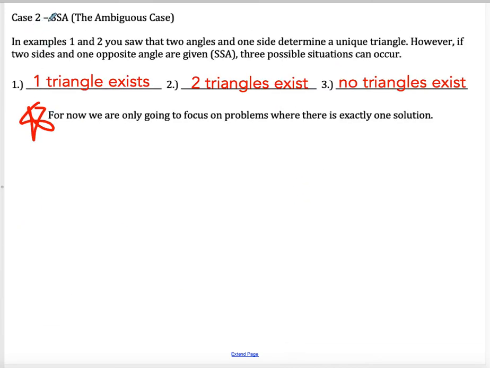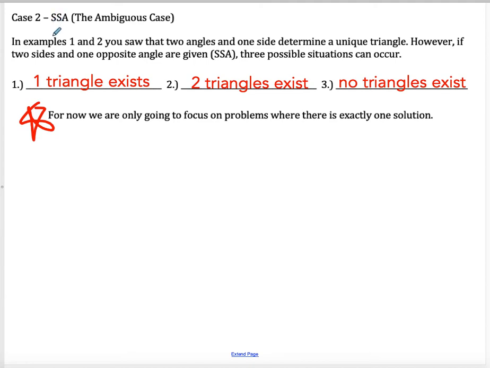Okay, case 2. So remember how when we had 2 triangles and we were trying to prove them congruent, it didn't prove congruence because we could have congruent triangles, but they also might not be congruent. The same thing happens here. When you have limited information, so that, again, you only have 3 pieces, one angle, one side, and another side.